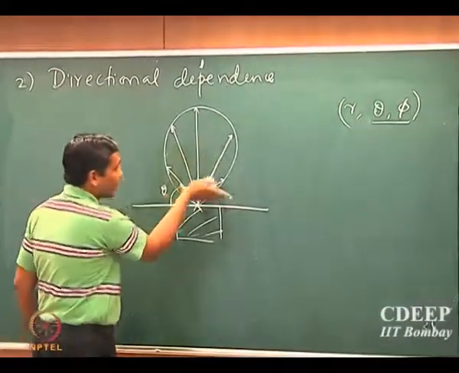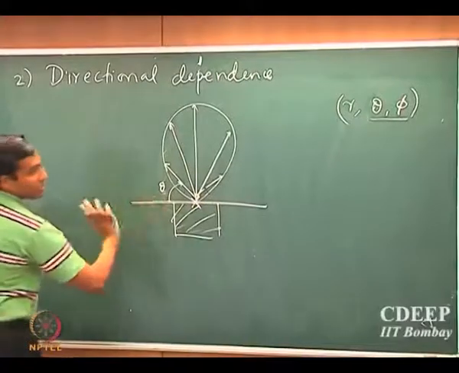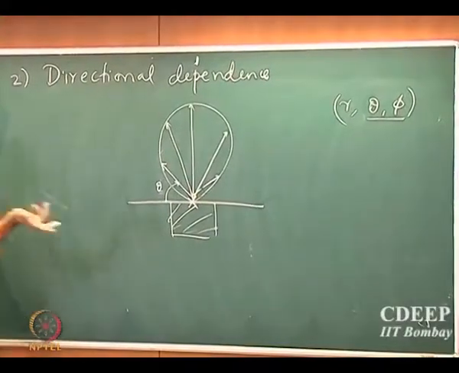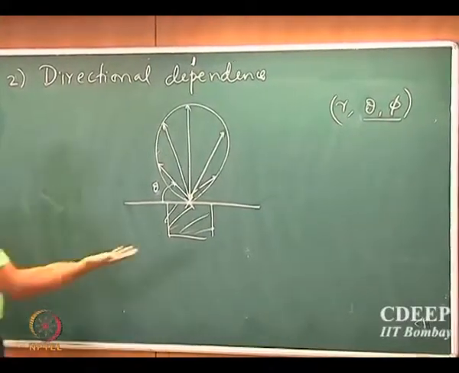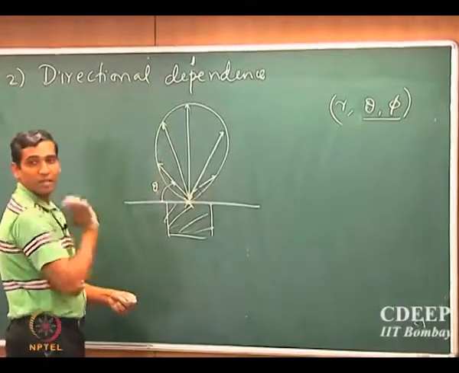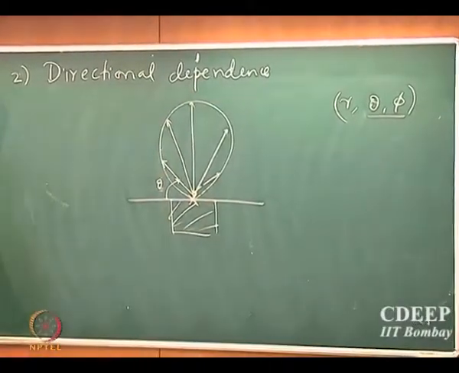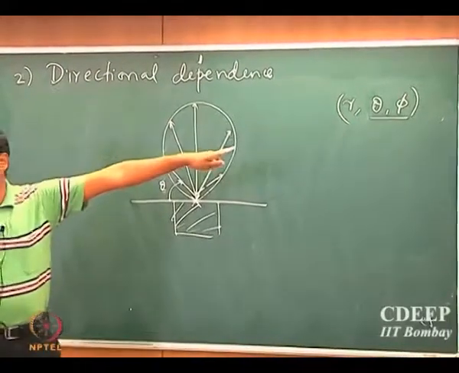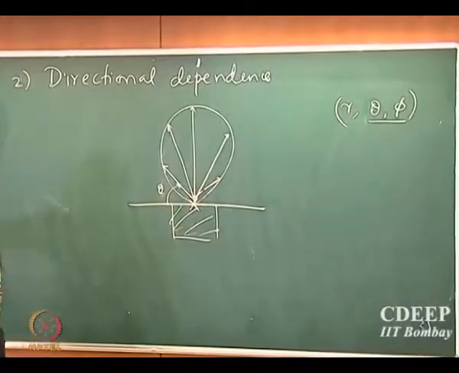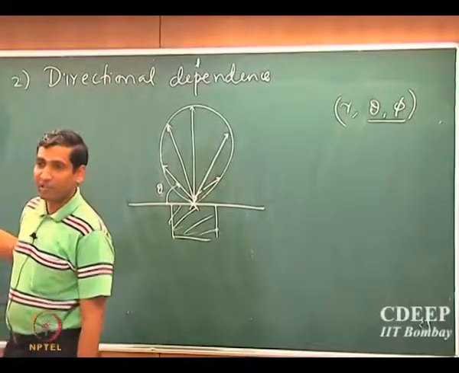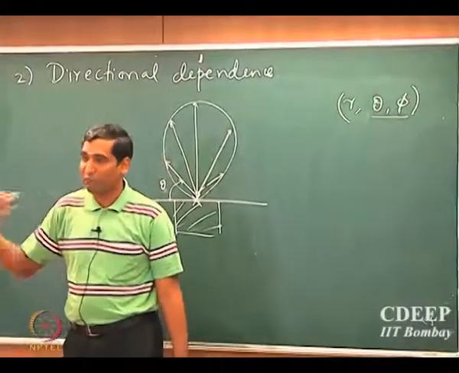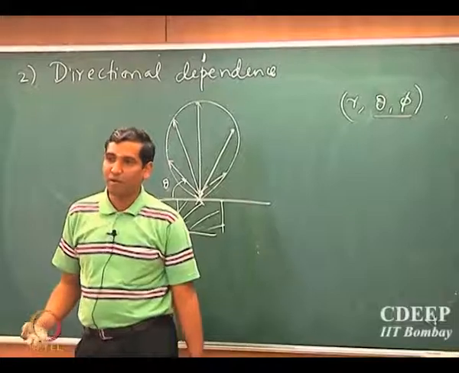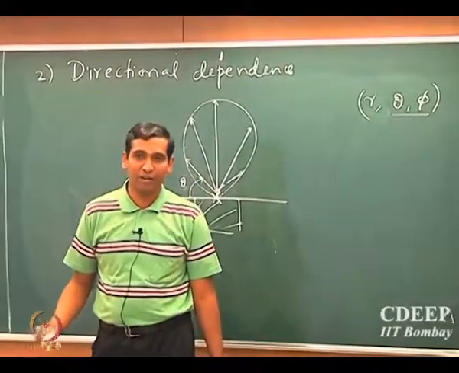Theta is in this direction, and phi is in the direction outside the board and inside the board, a circle going into the board. So the radiation is now going to be a function of both theta and phi. These are two important properties of radiation which need to be accounted for if you want to quantify the amount of heat transport because of radiation.